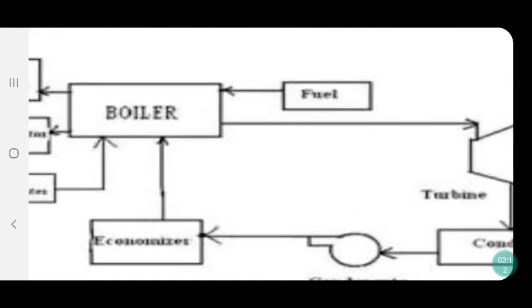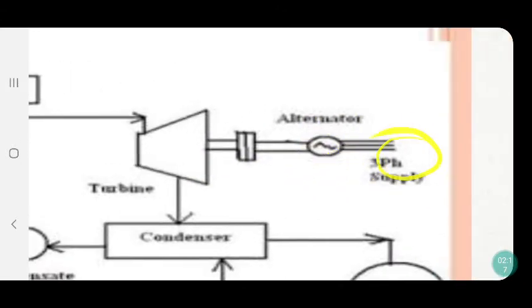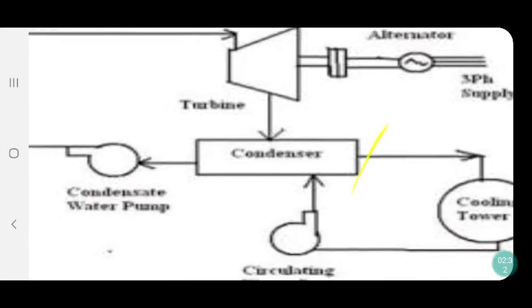When that turbine starts rotating, it is connected to the alternator. So as the turbine rotates, the alternator will also rotate, and that alternator will convert the mechanical energy into electrical energy, and in this way we will get the electricity. Very simple it is.